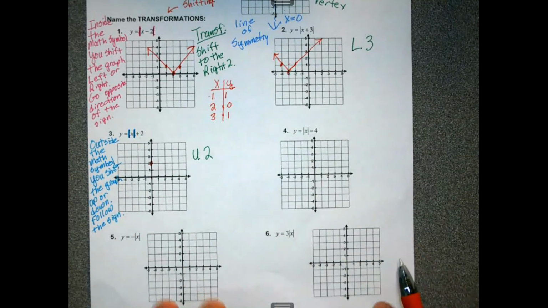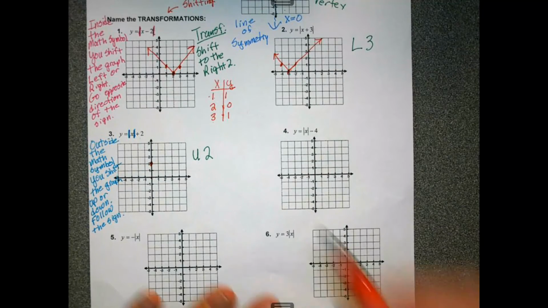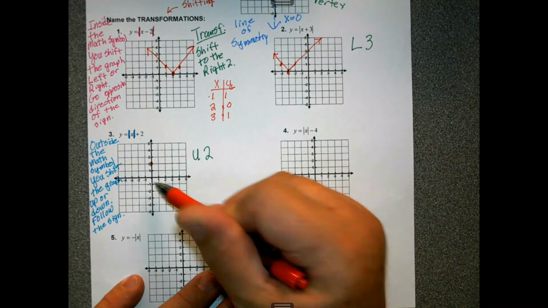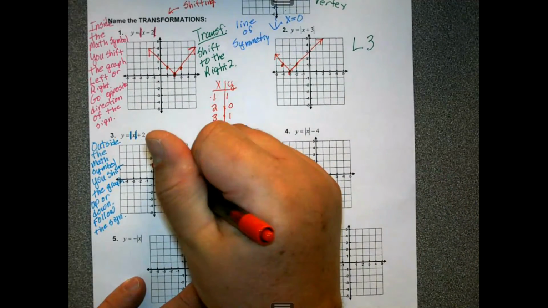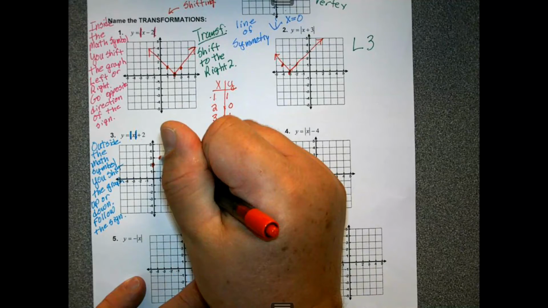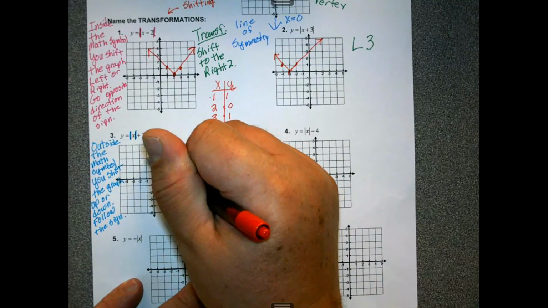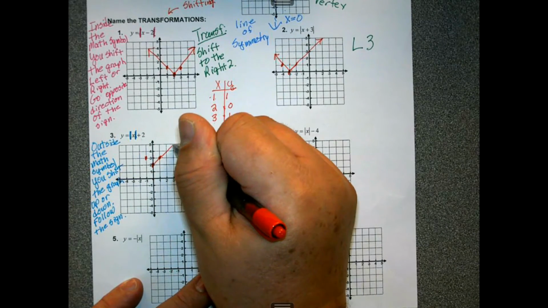Now, after the quiz next week, we're going to do some problems where there's a whole bunch of transformations on it. That way, you'll want to use your calculator. Okay. So I'm going to take my vertex, go up 2, and again, my slope was 1 over 1, and line of symmetry means I have up 1 to the left 1. And there's my transformation.